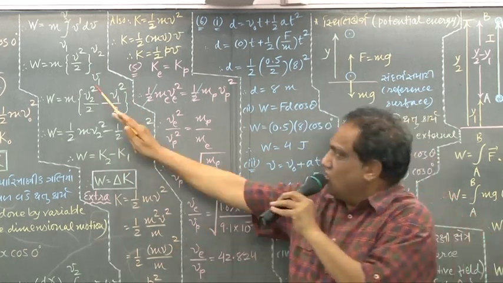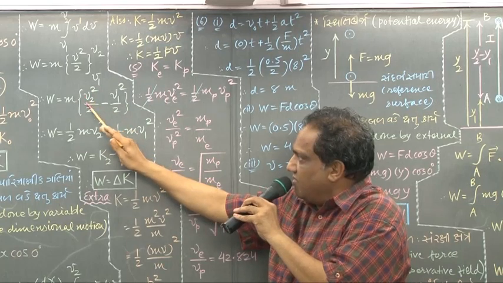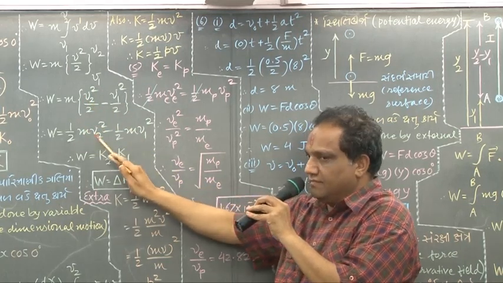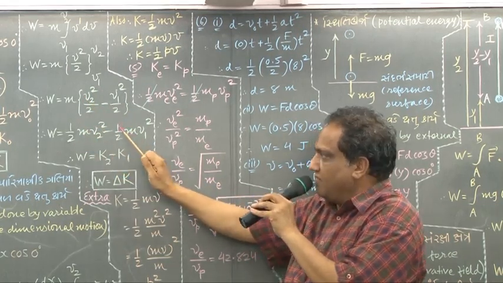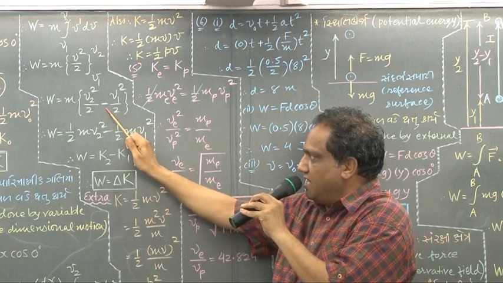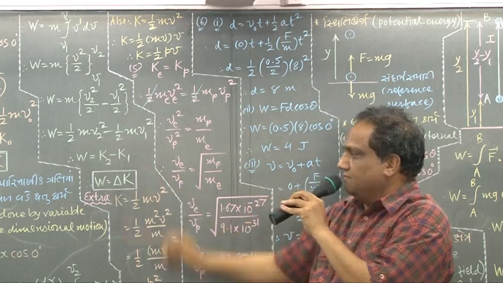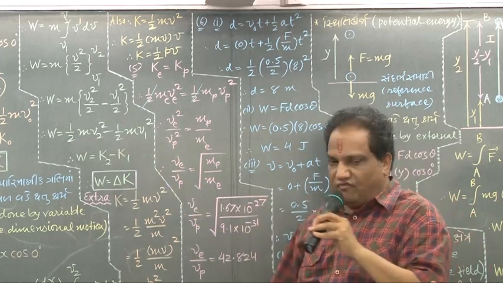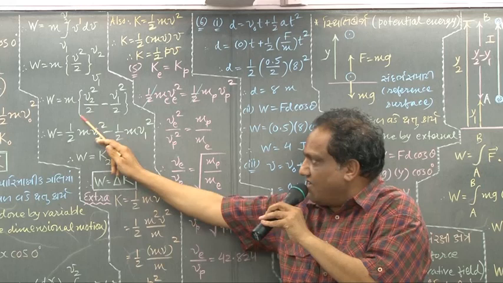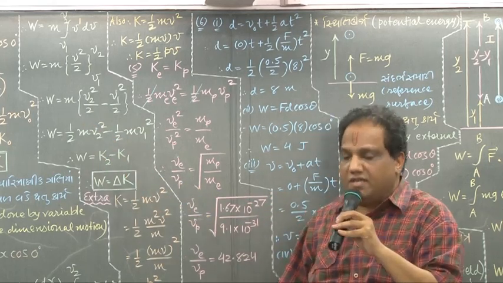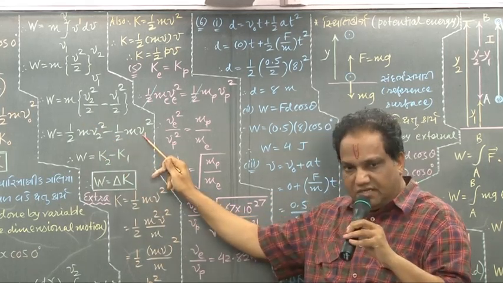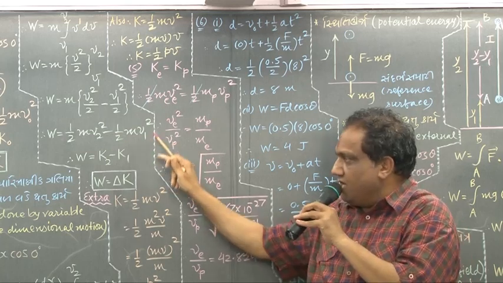Open the bracket: 1 by 2 m v2 square, minus 1 by 2 m v1 square. What is v2? Final velocity. Then this is final kinetic energy. And v1 is initial kinetic energy. So this will give me?